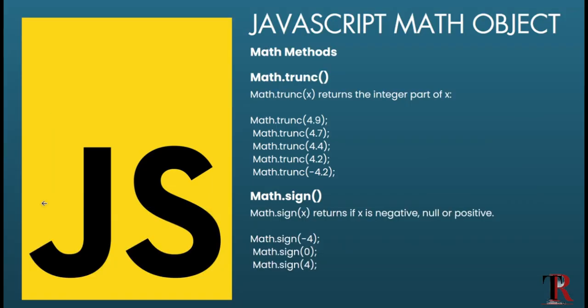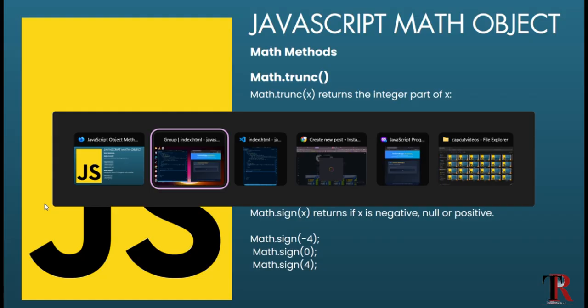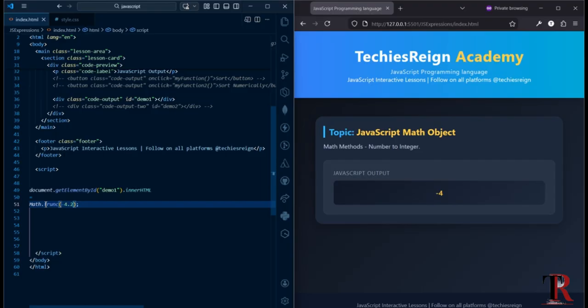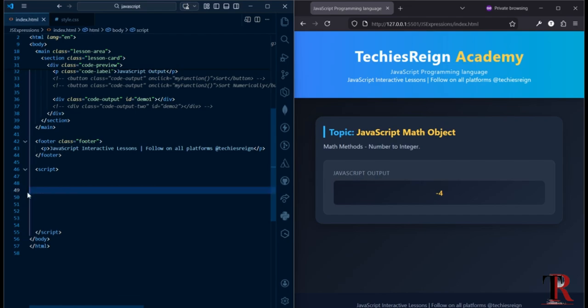Then the next one is the Math.sign method, which returns whether a number is negative, zero, or positive. But before I move to Math.sign, I want to quickly give an example of how Math.trunc can be used in the real world. Let's say you want to buy a shirt, and you have money in your hand, and you already know the price of the shirt.